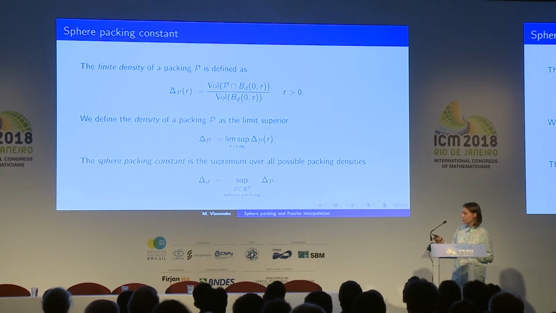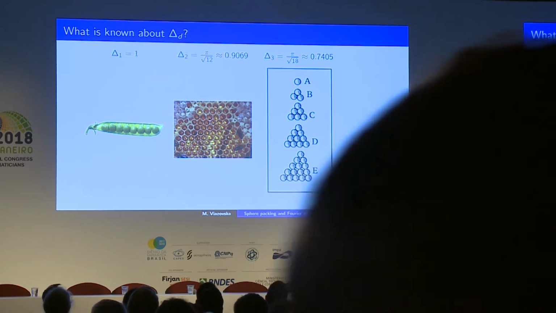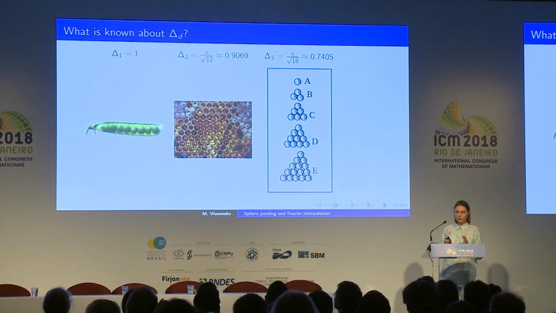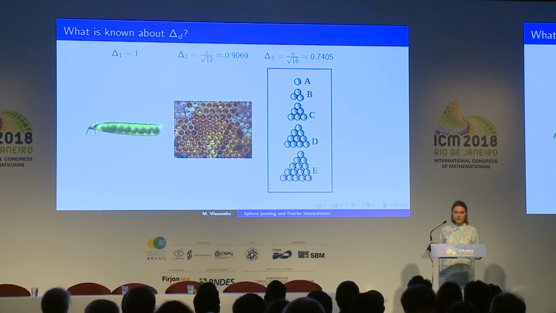So what do we know about the sphere packing constant? Here's what happens in small dimensions. In dimension 1, the packing problem is trivial, because a ball in dimension 1 is just an interval, and the whole real line can be covered with unit intervals of length 2 with almost no space left. In dimension 2, the problem is a bit more interesting.